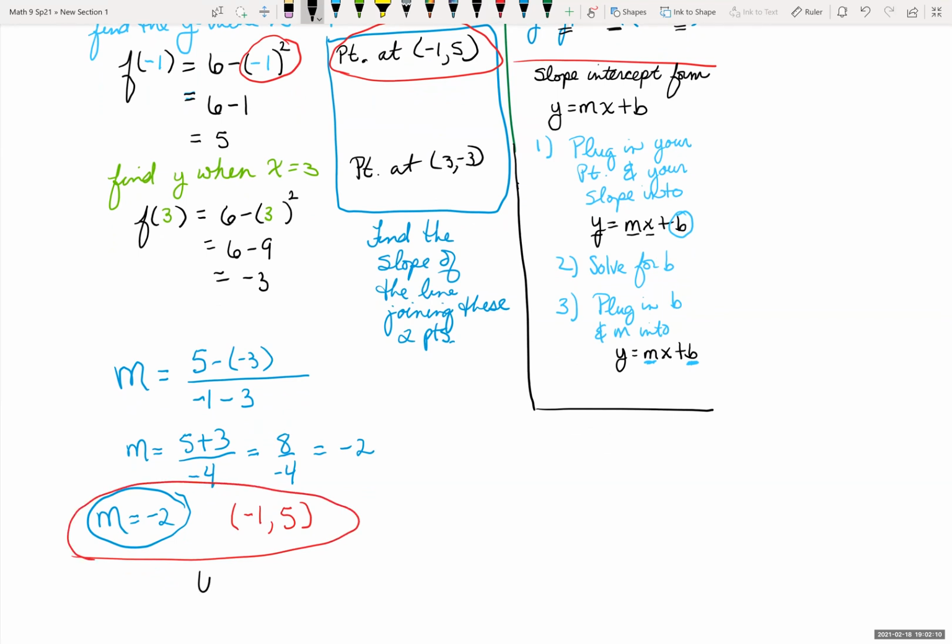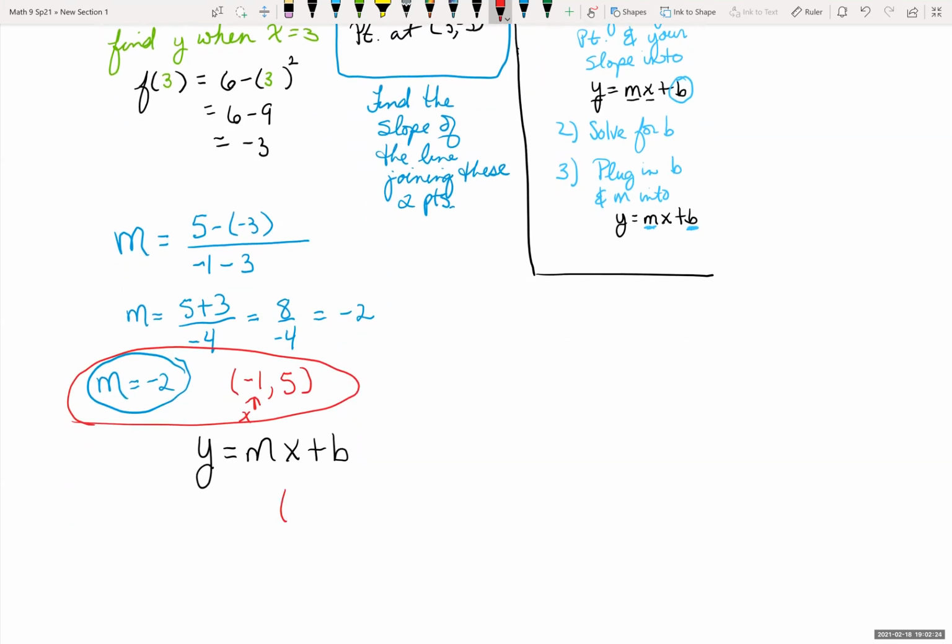So I'm going to use my y equals mx plus b. I'm going to plug in my x value, which is -1. I'm going to plug in my y value. So y in here is 5, so 5 equals our slope, our m value in here, -2, plus b.